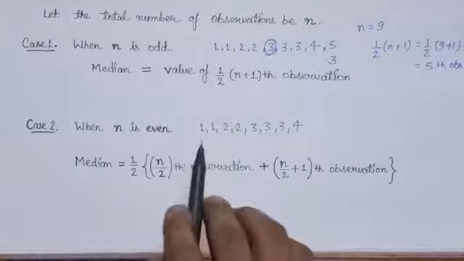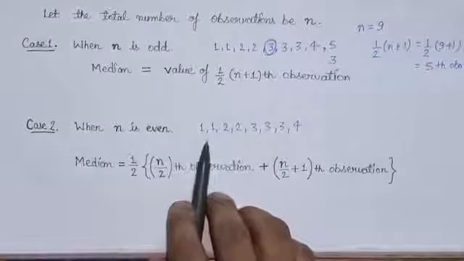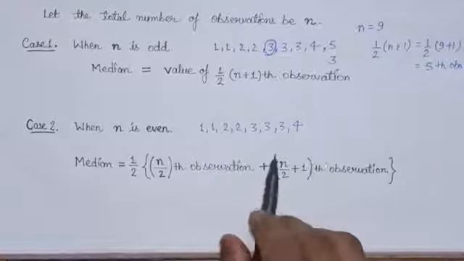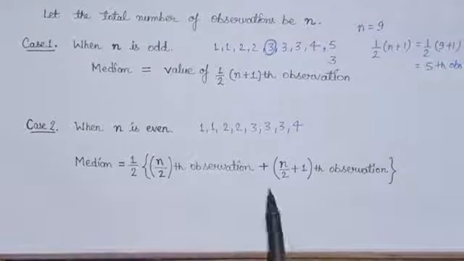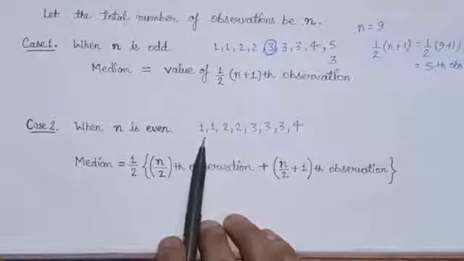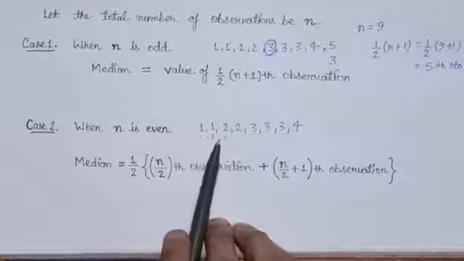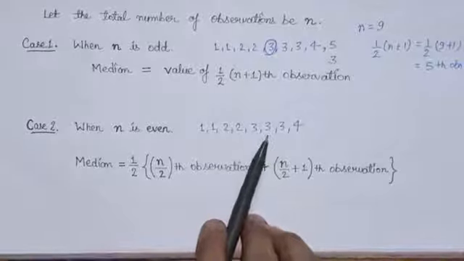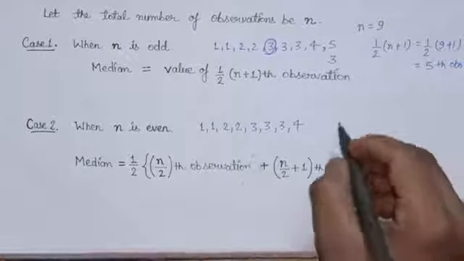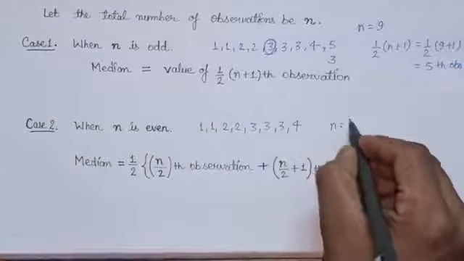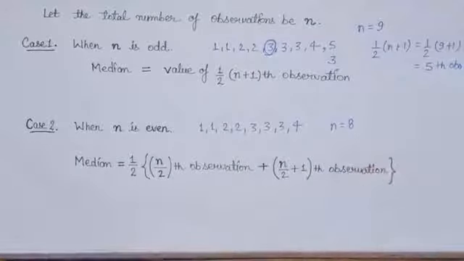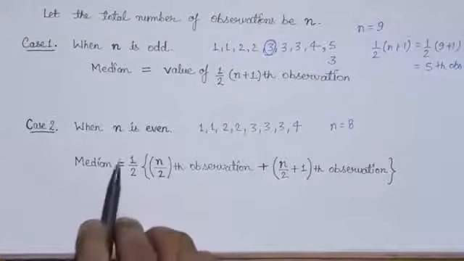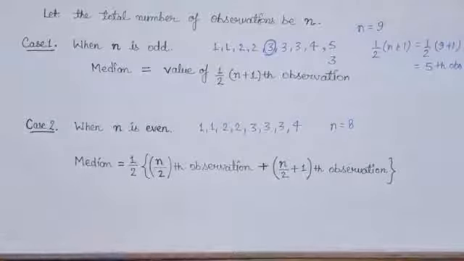Here you can see that we have already arranged the observations in ascending order, so we can proceed to calculate the median. Let us count the number of observations: 1, 2, 3, 4, 5, 6, 7 and 8. So n is equal to 8, that is, the number of observations is even. So we have to apply this formula.